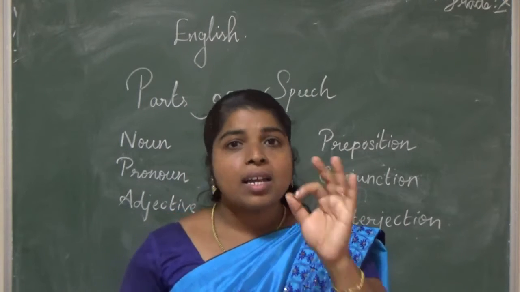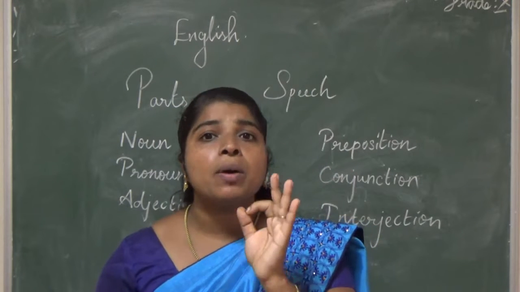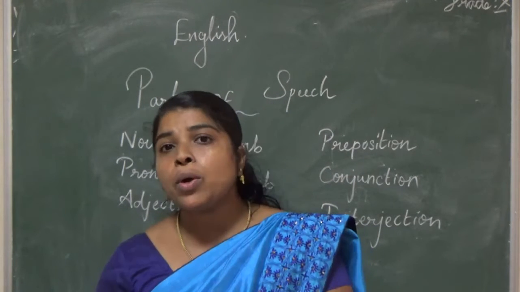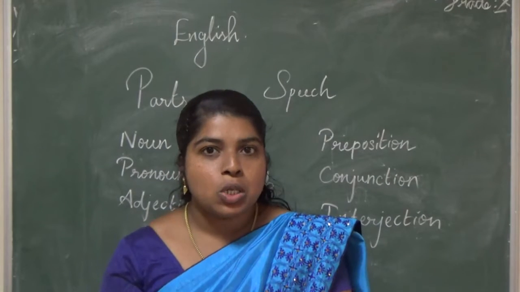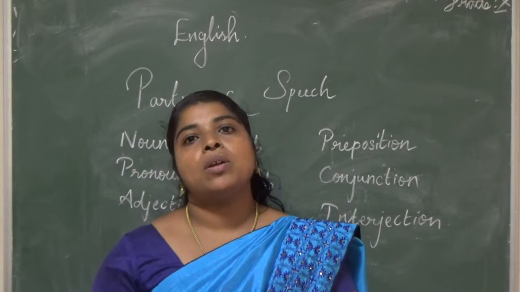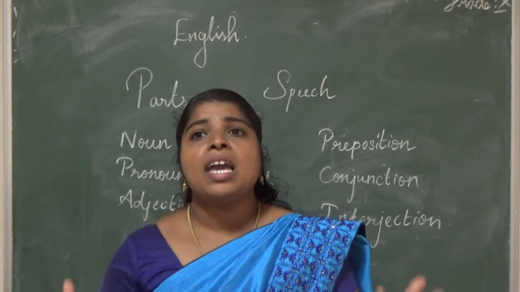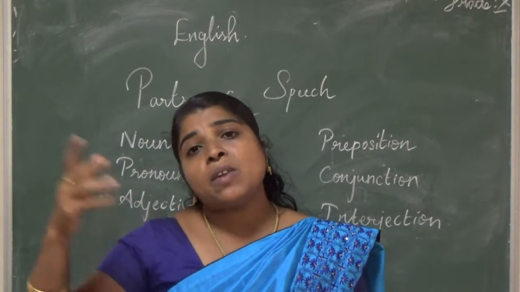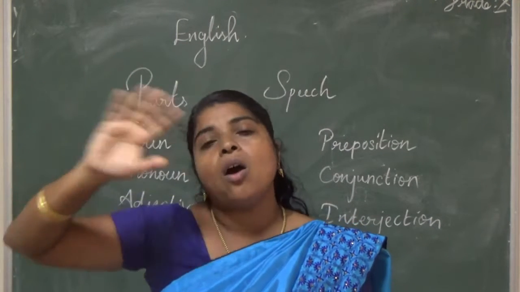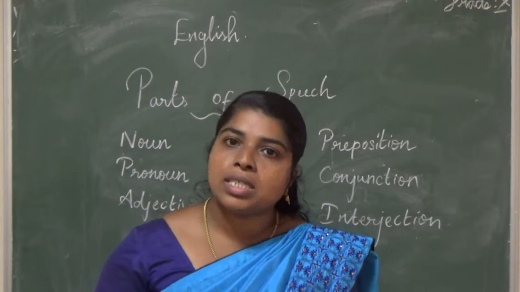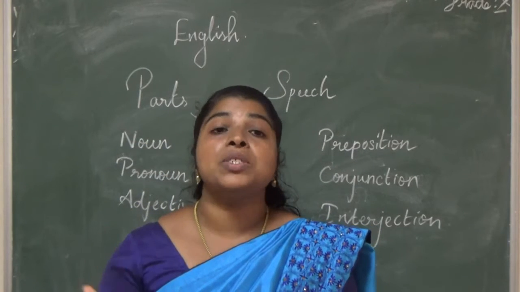Just recall it. Noun is the name of a person, place or thing. What is pronoun? The word which is used instead of a noun. What are the examples I told? He, she, it, they, we, you, himself, herself, me, my. All of these come under pronoun. Children, what did I tell about adjective?